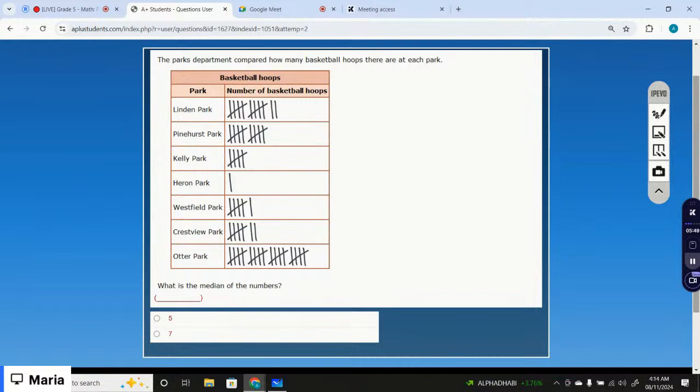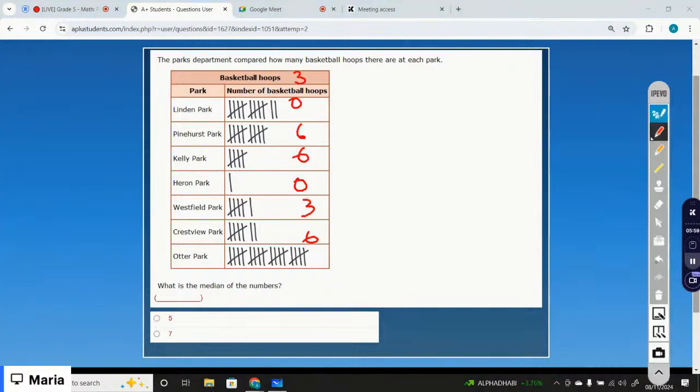You have to calculate the median of the numbers. So 5 and 5, 10 and 2, 12. 5, 1, 6, 7, 20. So you need to calculate the mean, right?